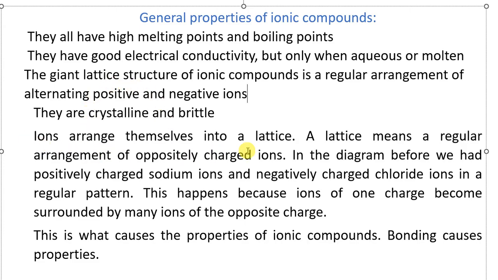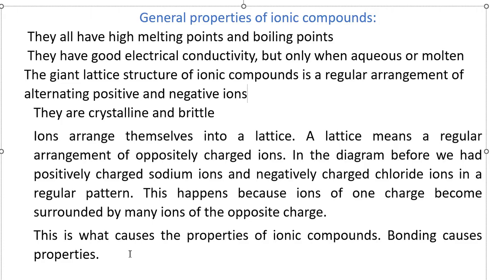The ions arrange themselves into that lattice. In the diagram before, we had positively charged sodium ions, negatively charged chloride ions in that regular pattern. Ions of one charge become surrounded by many ions of the opposite charge. And that is what causes the properties of ionic compounds.